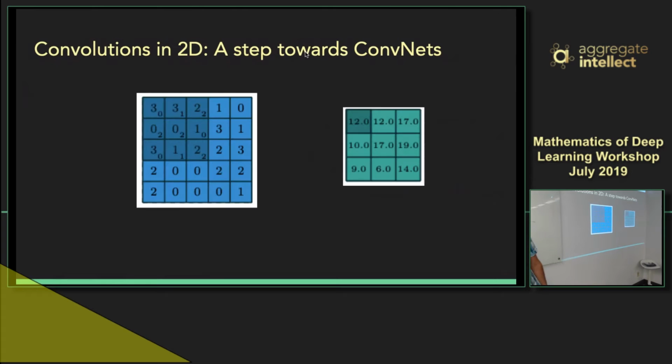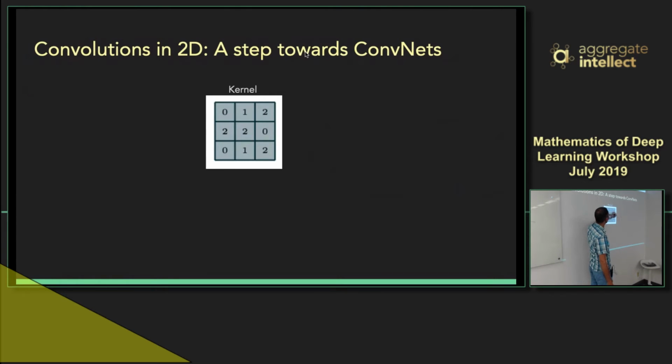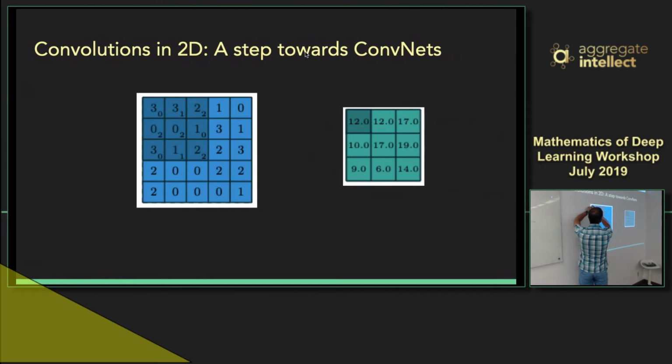All right. What I do is, remember the values are 0, 1, 2, 2, 2, 0. So I take a piece of my matrix and I do element by element multiplication of the values of my matrix with 0, 1, 2, 2, 2, 0, 0, 1, 2. Okay, so the small numbers are the values of my kernel, and the big numbers are my image. All right, so I multiply them one by one.